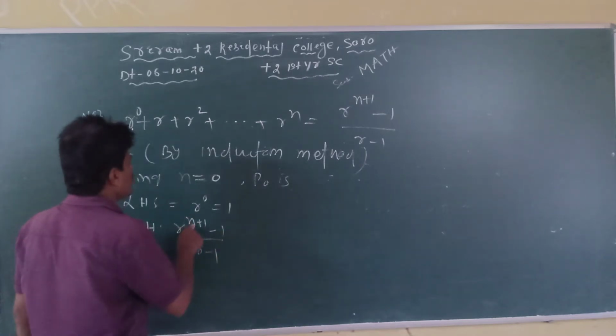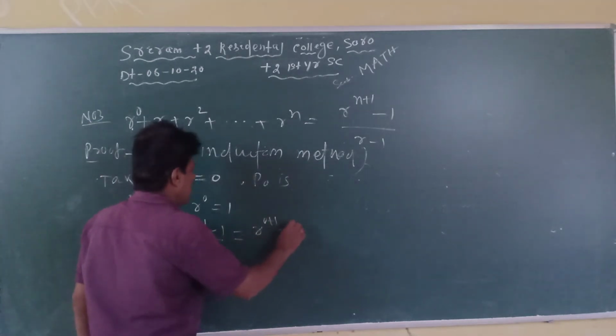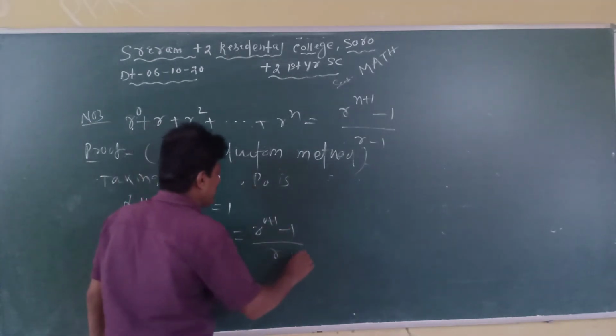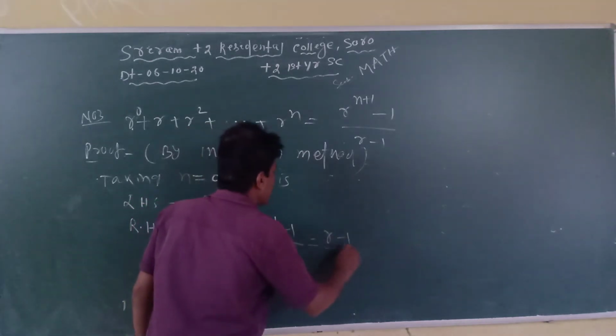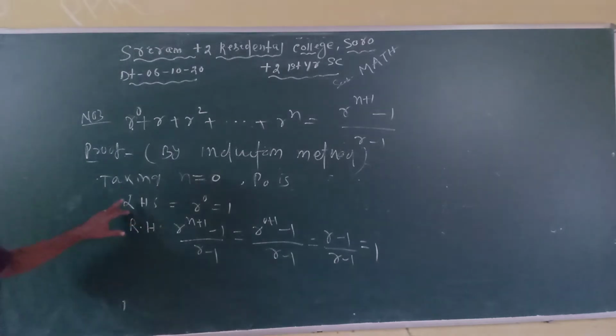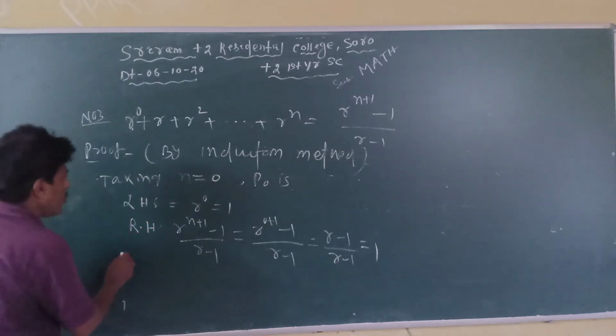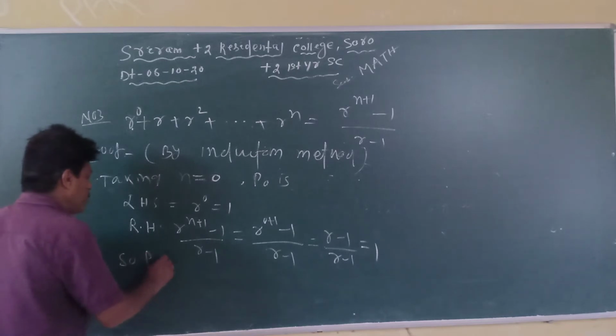Put n equal to 0: (r to the power 0 plus 1 minus 1) divided by (r minus 1) is equal to (r minus 1) divided by (r minus 1), which is equal to 1. You look, when we put 0, LHS is equal to RHS. So P0 is true.